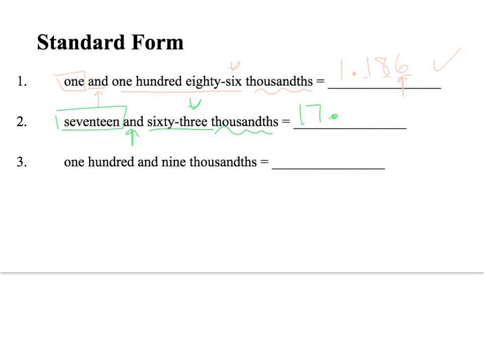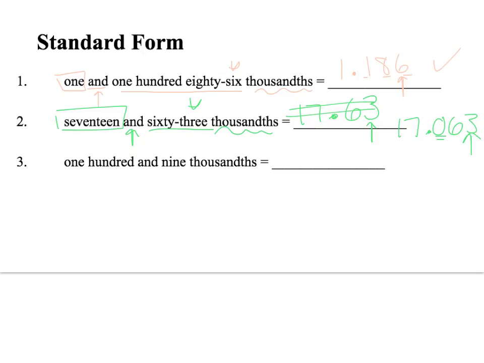If you were to write 63 like this, you find that that 3 is falling in the hundredths place, so that is not correct. 17 and 63 thousandths would look like this. And here you see that you have your 3 in your thousandths place, and we did have to insert a 0 right here so that this was true to what our question asked for.